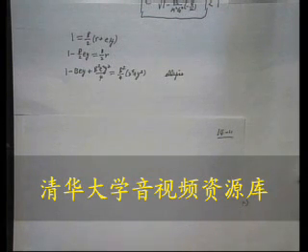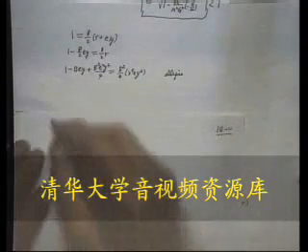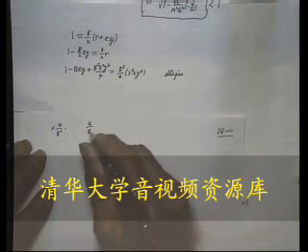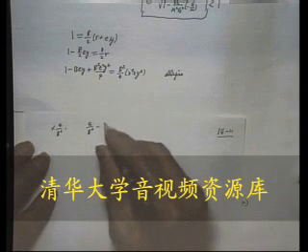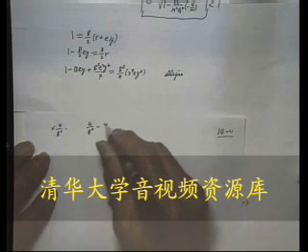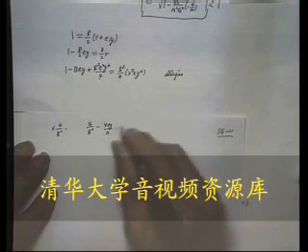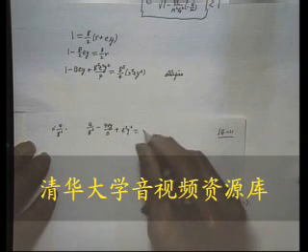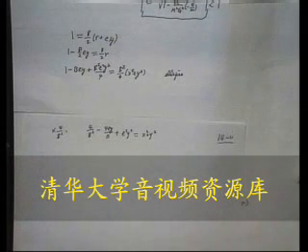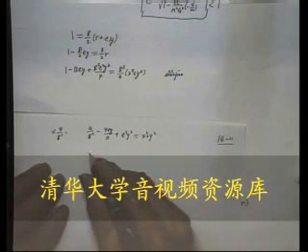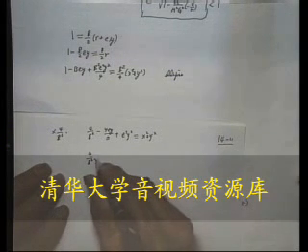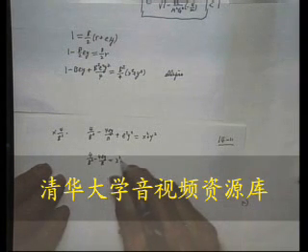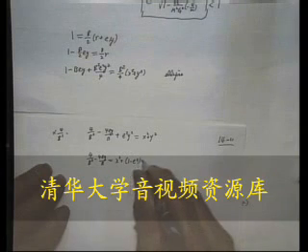Let us multiply this by 4 over b squared. I get 4 over b squared minus 4ey over b plus e squared y squared is equal to x squared plus y squared. So I get 4 over b squared minus 4ey over b is equal to x squared plus 1 minus e squared y squared.